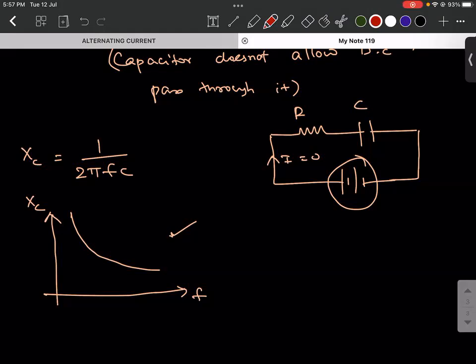Is it clear? So this is how an AC source works across resistors and a capacitor.